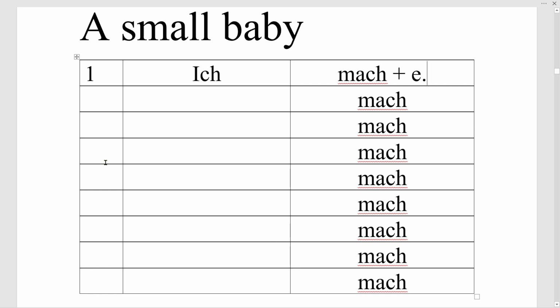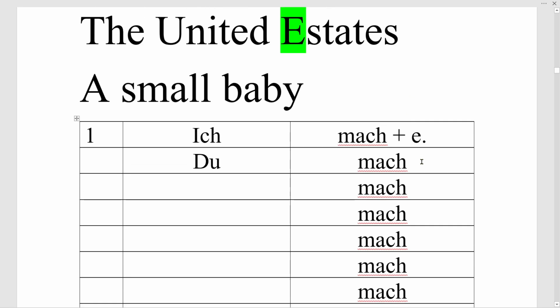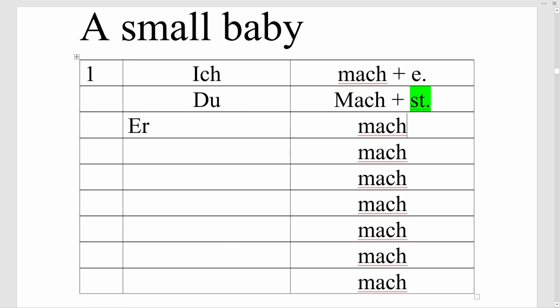For the "you" thing, we always use du plus st. Just remember that, st. So du machst. The s is removed here and only the t comes down, so we say macht.